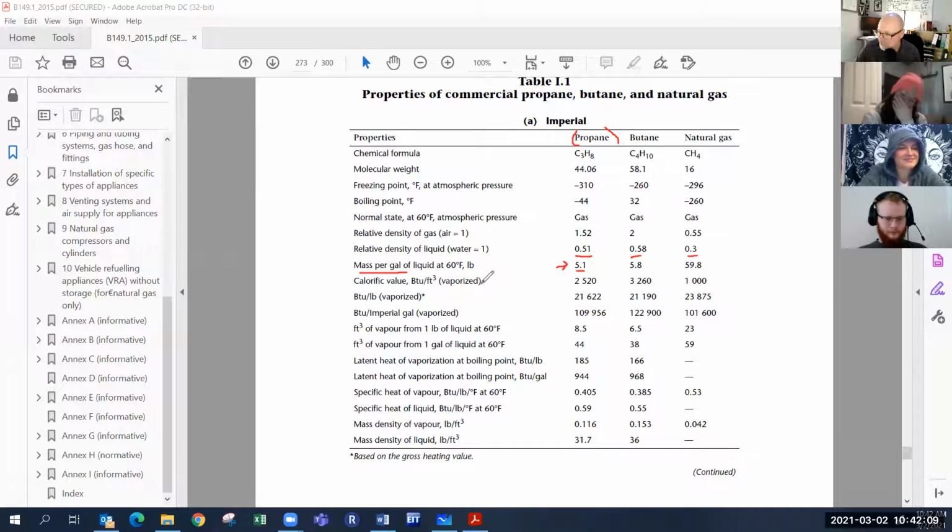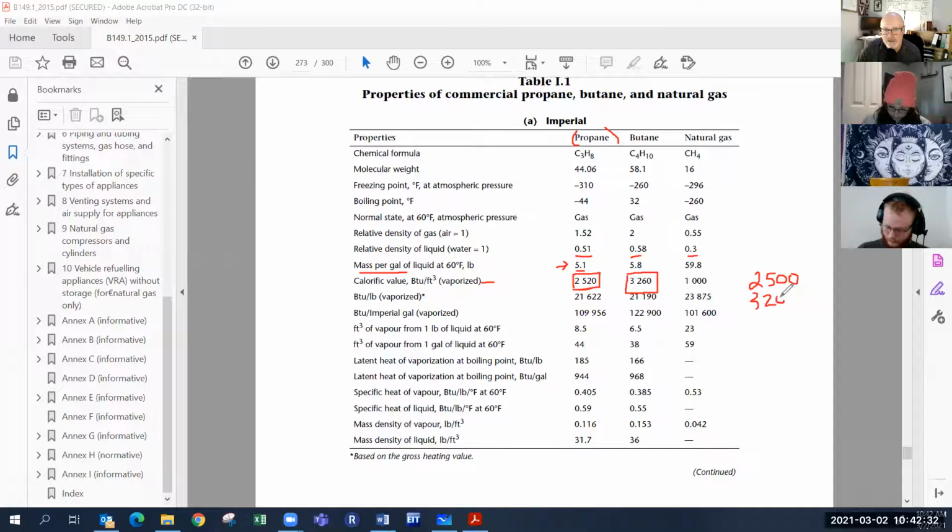Okay, calorific value in BTUs per cubic foot. We use the loose approximation of 2,500 for propane right here. So when I say 2,500, that's what that is. For the calorific value for butane, I use 3,200.